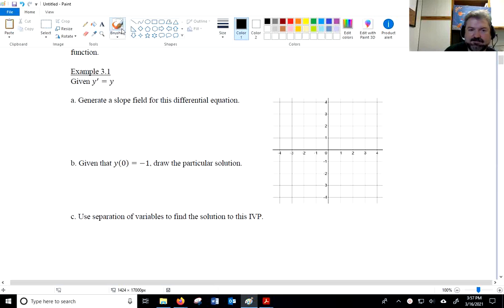So if y prime is the slope of the tangent line, this is simply saying that the slope of the tangent line is equal to the y coordinate. So when the y coordinate is 1, the slope is 1. When the y coordinate is 0, the slope is 0. When the y coordinate is negative 1, it'll be negative 1. And then negative 2 gets steeper.